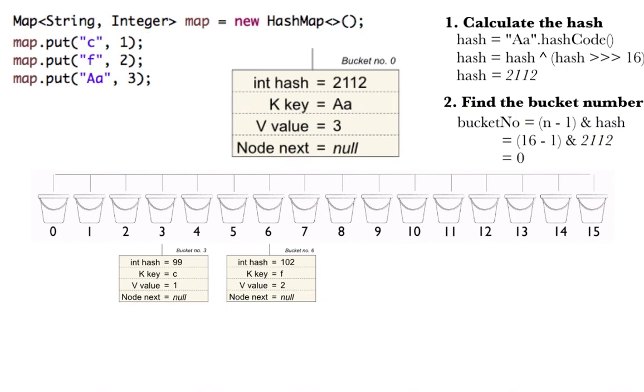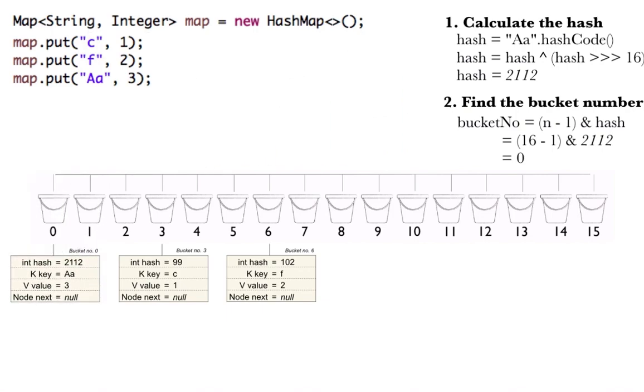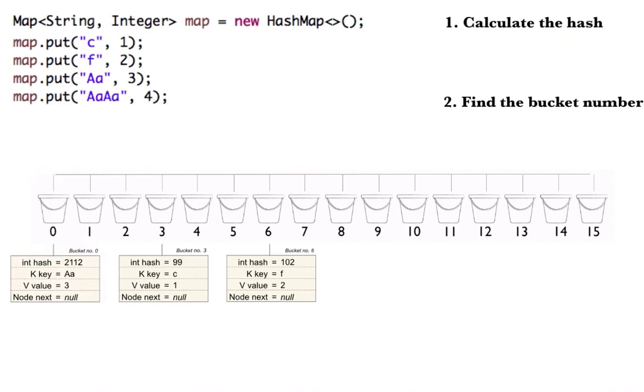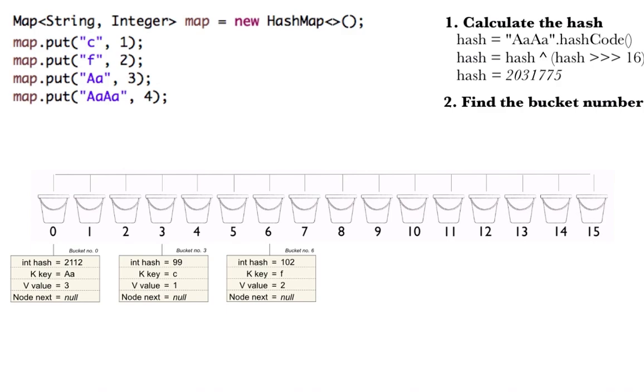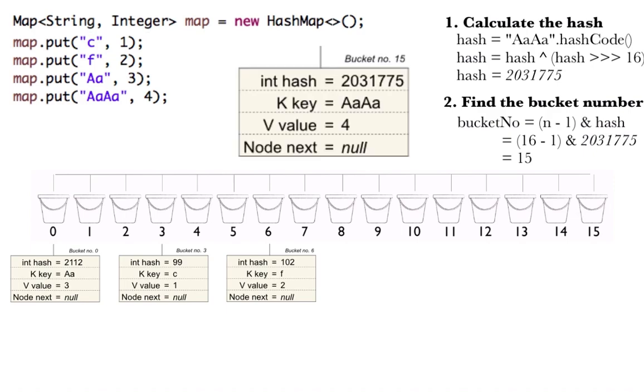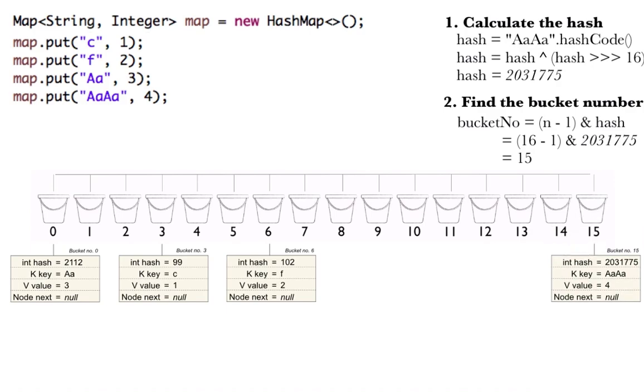So this will go to this first bucket. For our fourth operation, map.put AAAA,4, the string AAAA will have hash value as 2031775, and the bucket will be 16 minus 1 ampersand 2031775 equals to 15. So it will go in the 16th bucket, which is the last in our array.